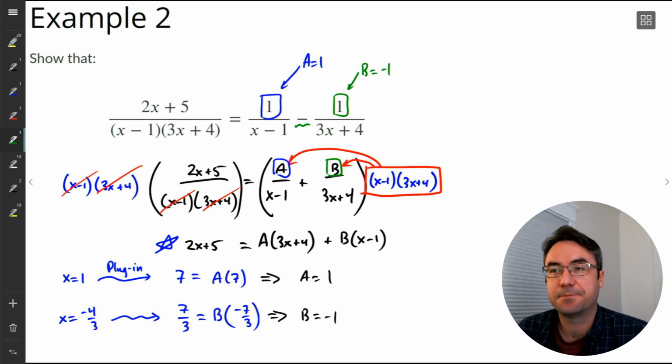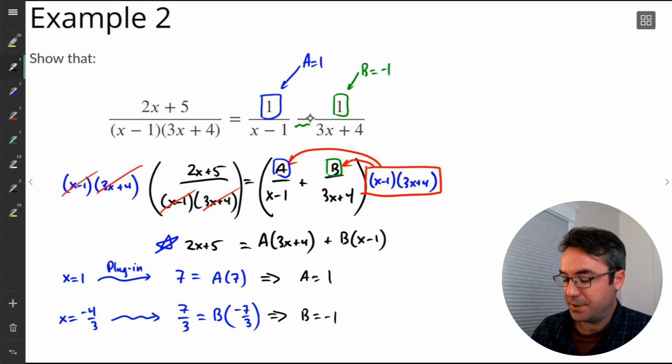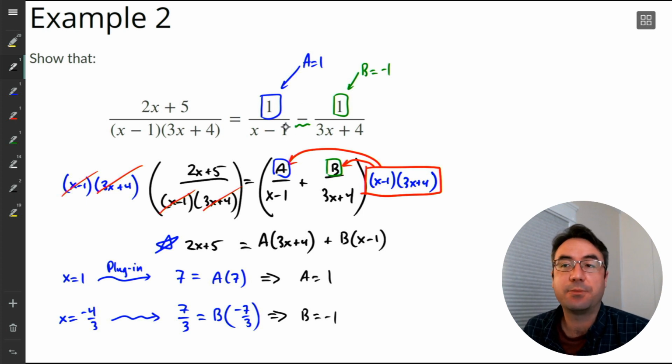And we're subtracting there. So our decomposition here actually does match up with what we expected. We wrote the general format, a over x minus 1 plus b over 3x plus 4. And if we plug in this a value and this b value, we would have what we wanted to show.